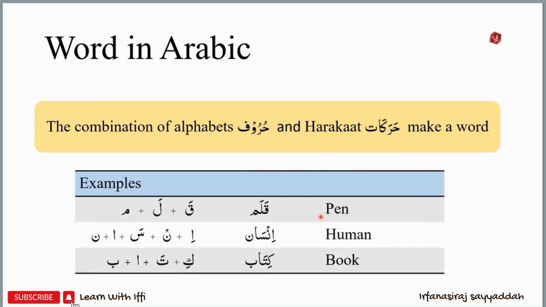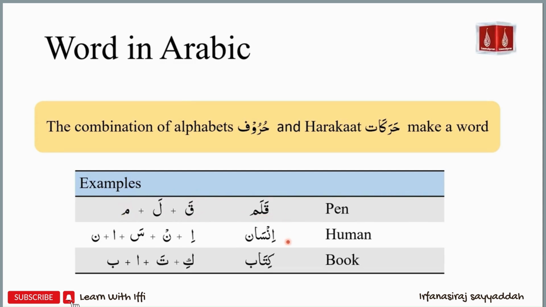Qalam means pen. Qalam is made out of a combination of huruf and harakat. The huruf in qalam are qaf, lam, mim. And the harakat are a zabar on qaf and a zabar on lam. And the combination of these huruf and harakat will make the word qalam.